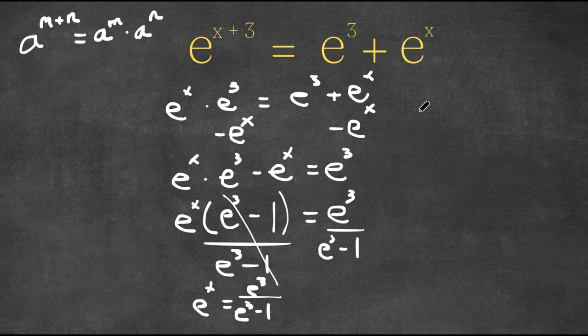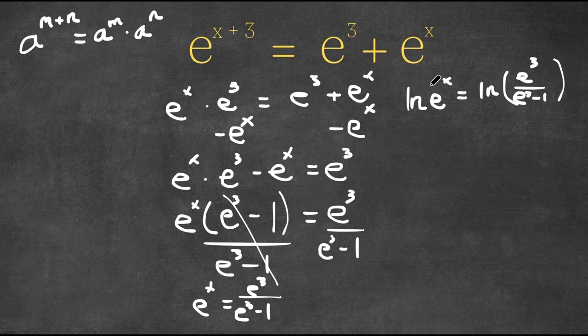Now I'm actually going to take the ln of both sides, because the natural log, or ln, is the inverse or the opposite of e, meaning those two would cancel out. So if I take ln on both sides, we get ln e to the power of x is equal to ln of e to the power of 3 over e to the power of 3 minus 1.